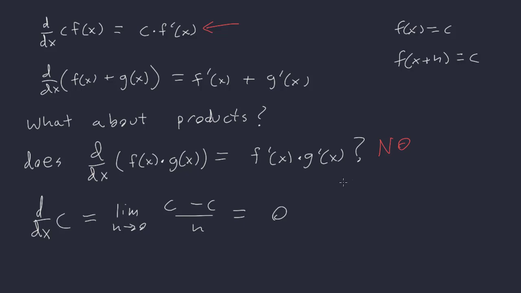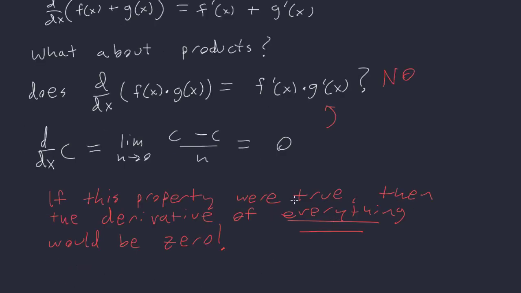So if this property were true, then the derivative of everything would be 0. Because the derivative of f of x we could always write as the derivative of 1 times f of x, which, if this property were true, would be the derivative with respect to x of 1 times the derivative with respect to x of f of x.